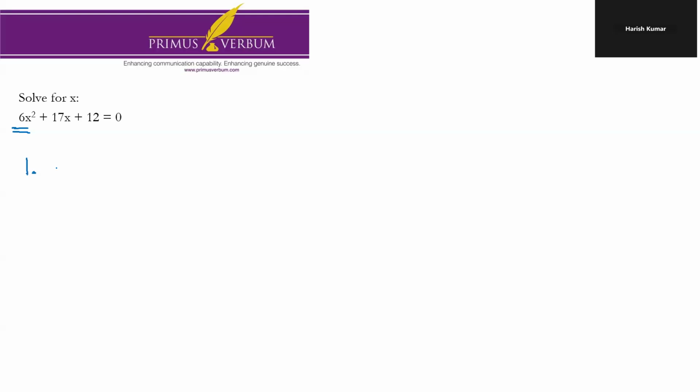The first step involves finding two numbers A and B such that A times B is equal to the product of the coefficient of x² and the constant term.